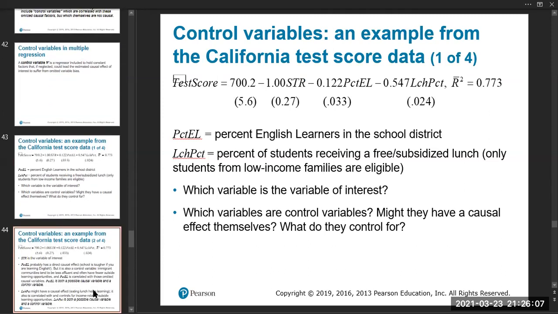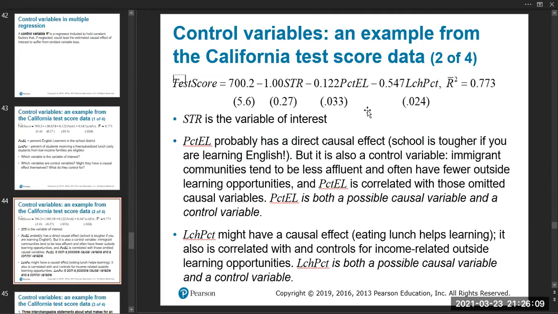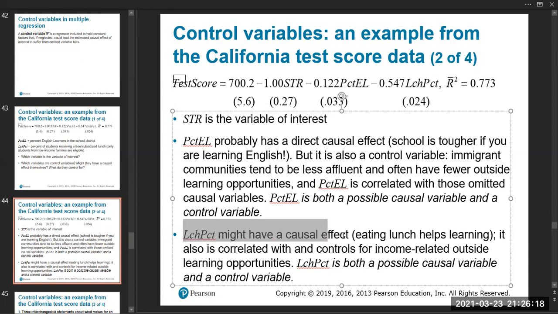You can have percentage of English learners, and you can also have lunch percentage, which is the percentage of people who receive free lunch. It's probably a control variable because you want to control for family income.